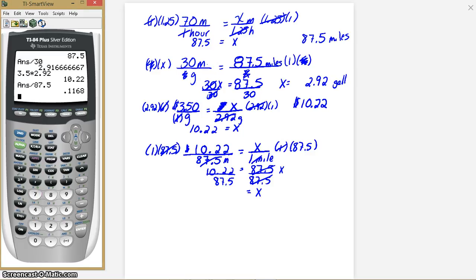Approximately 12 cents. Because of rounding errors, people may have gotten a different decimal, but as long as it was close, I gave this one to you.